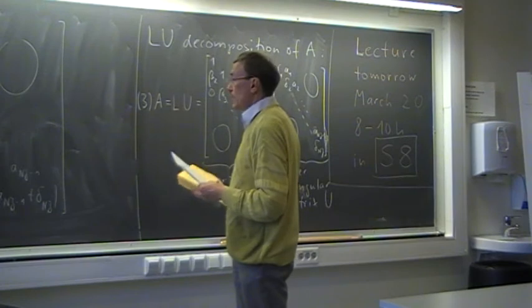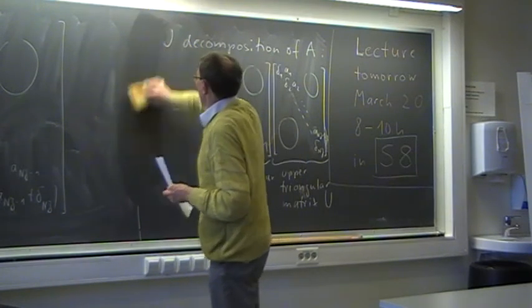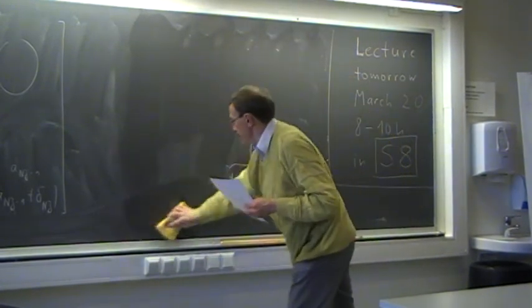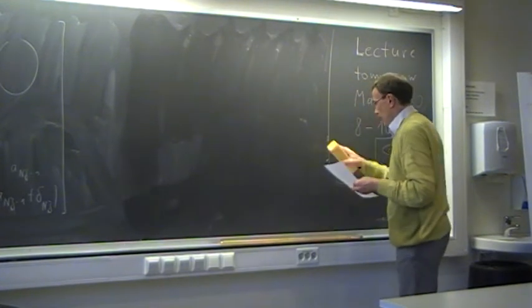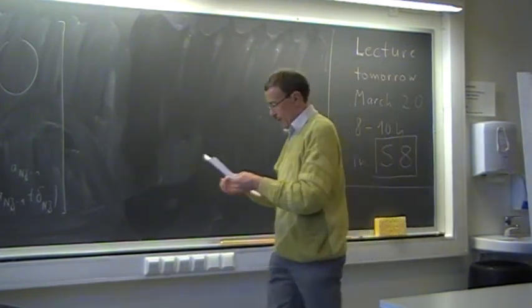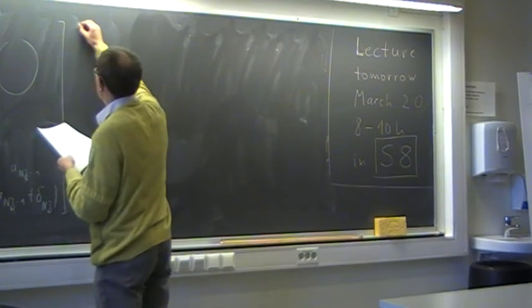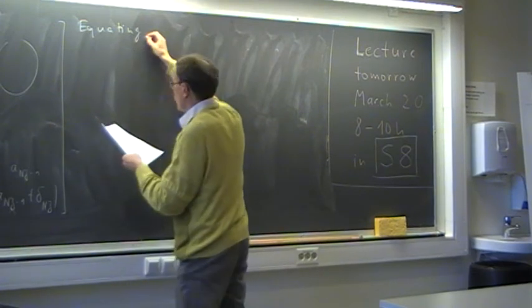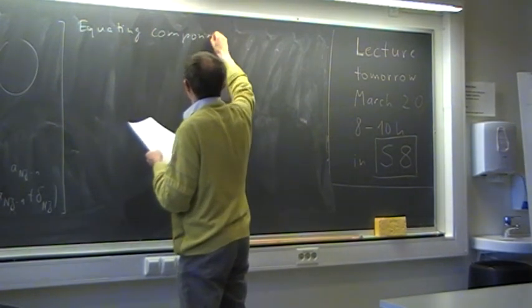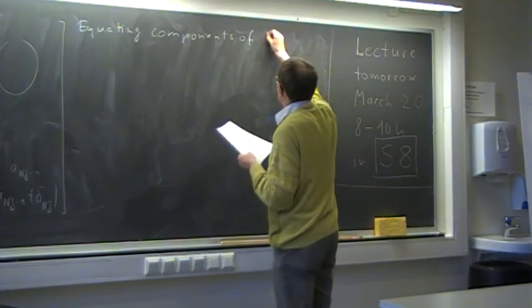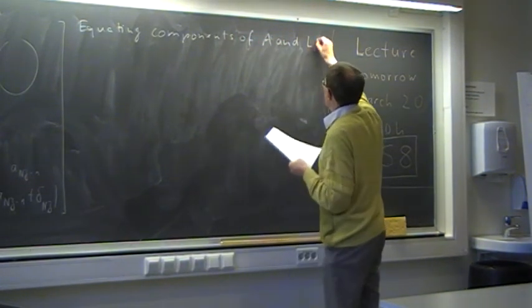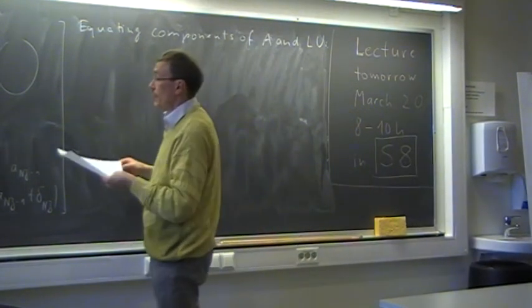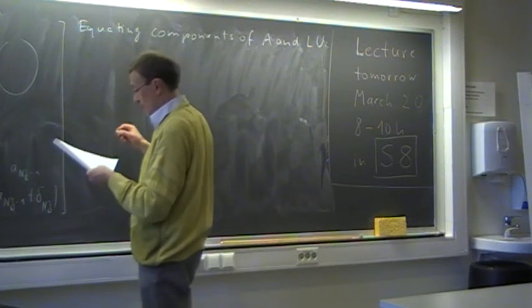So then let us do that. We are now comparing the components of A and the product LU to find out what the betas and deltas are.